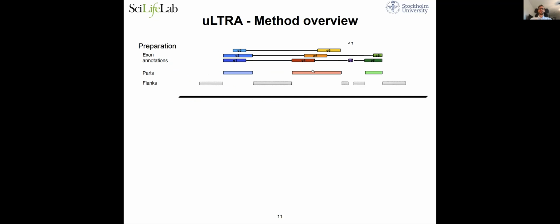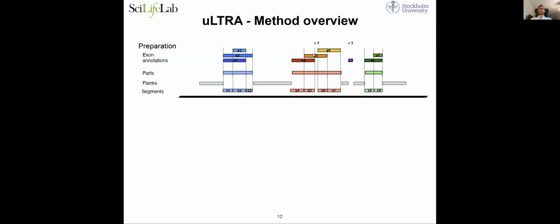And we also store flanks, which we refer to as a region downstream or upstream of the parts. And this could be either introns or the 3' or 5' UTRs. And finally, we store something called segments, which is that we cut these up into segments for each consecutive start and stop exon.